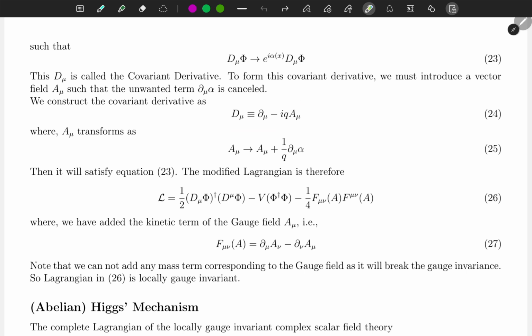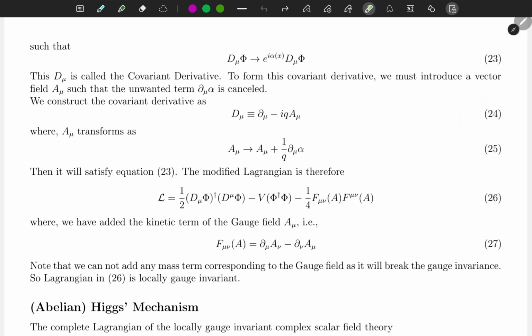To do that we construct the covariant derivative as this. Now you see there is a term e A mu. So what is A mu? To form this covariant derivative, we must introduce a vector field A mu such that the unwanted term del mu alpha is cancelled. So we have to introduce a new vector field, and this field is called the gauge field. Otherwise we can't cancel this unwanted term.